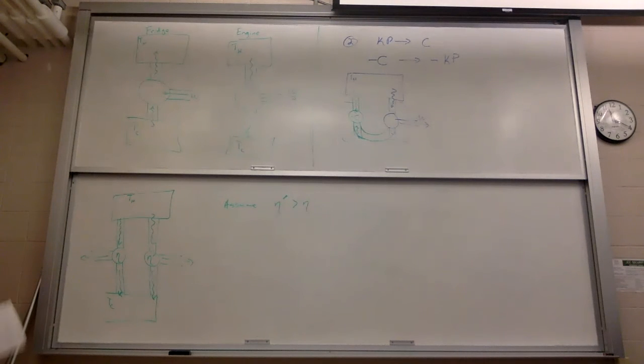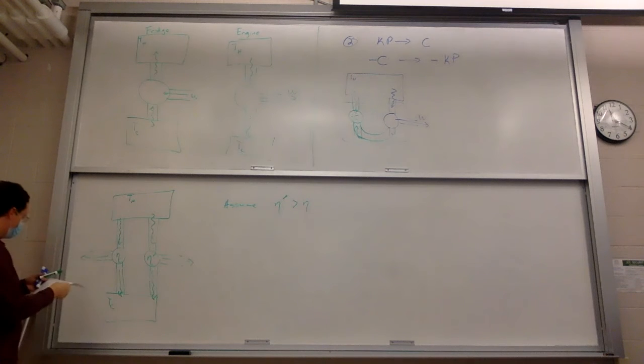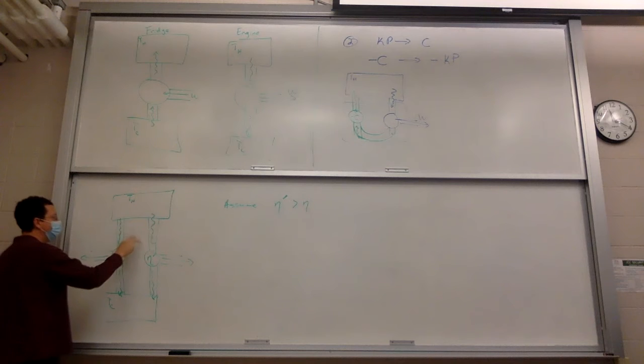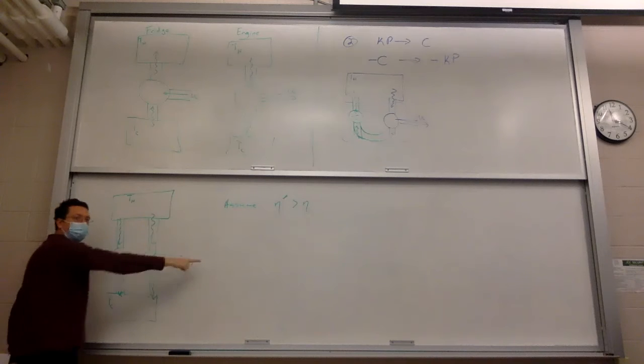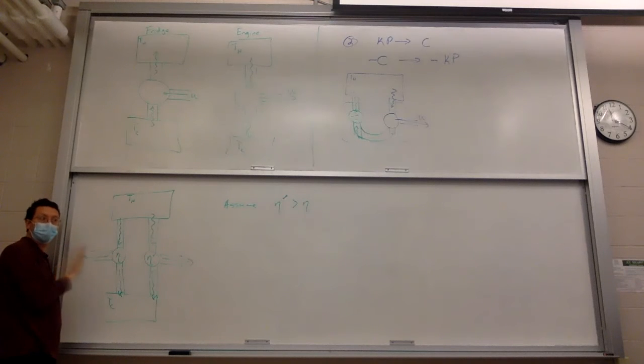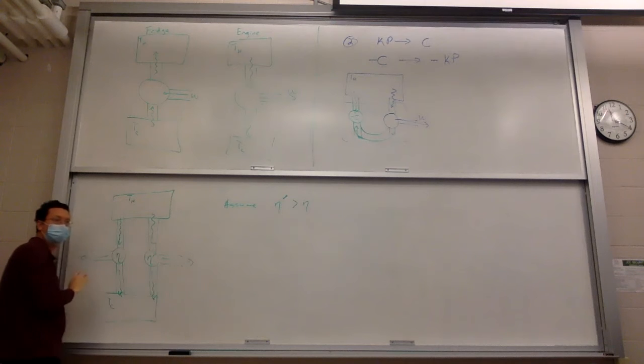If you increase the efficiency, then that means that if you have the same amount of heat in, this one produces more work. Right? If it's more efficient, for the same input, you get more of the good stuff.